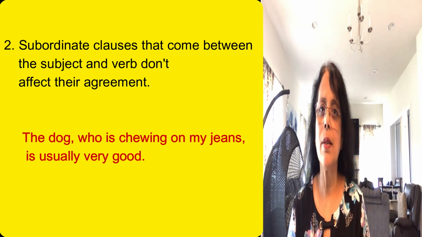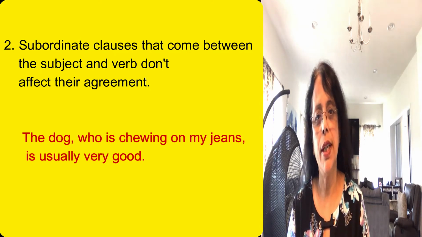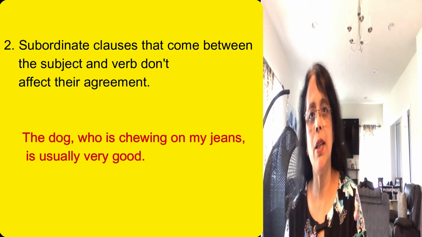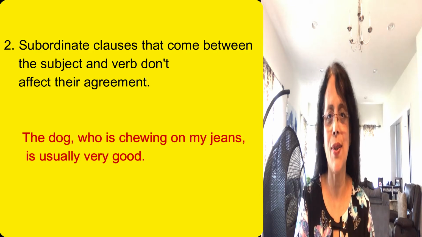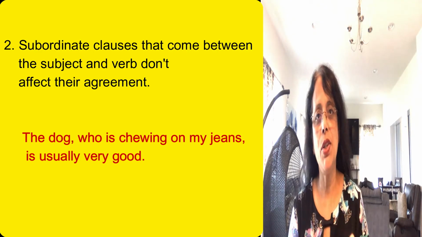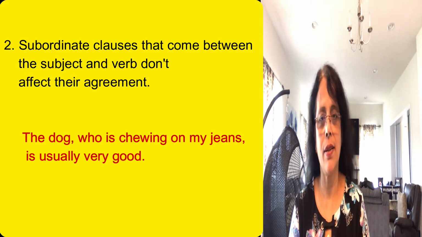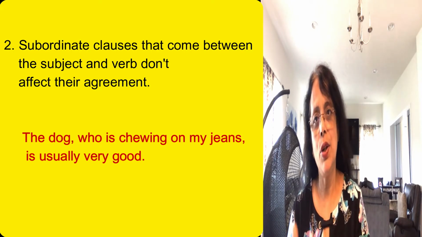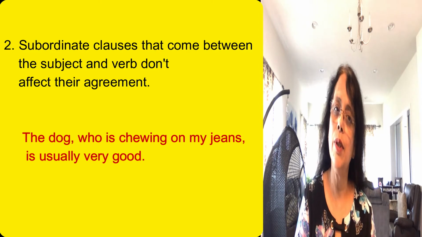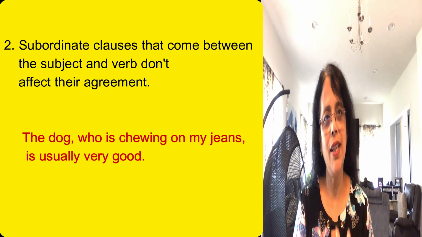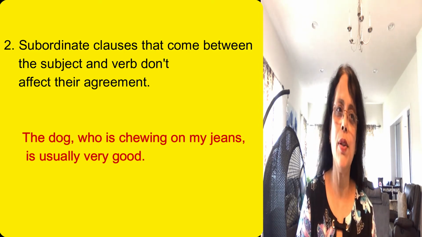This is called subordinate clause because it's dependent on the main clause. The dog is very good is the main clause. Who is chewing on my jeans is the subordinate clause. Right? The dog is singular, so the verb must be singular, and hence the verb used is is. Is singular, the plural of is are.